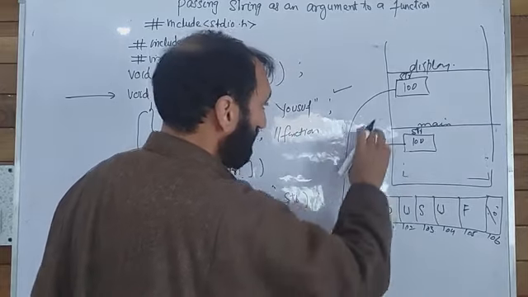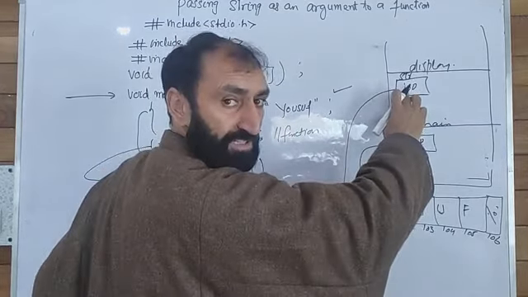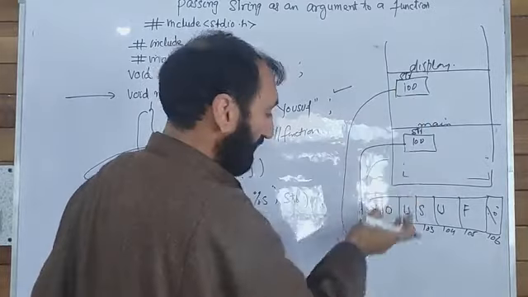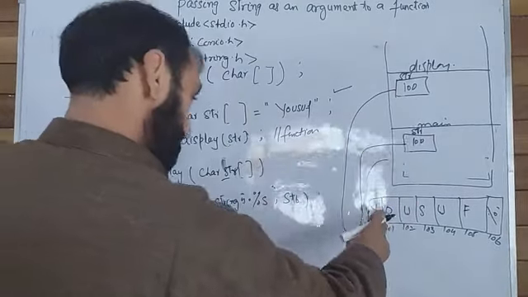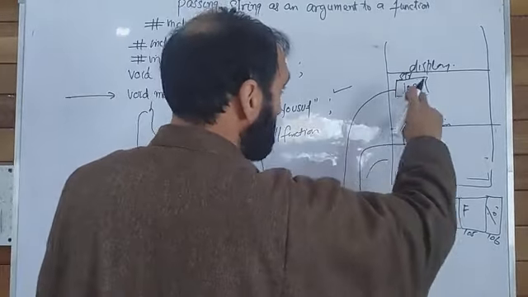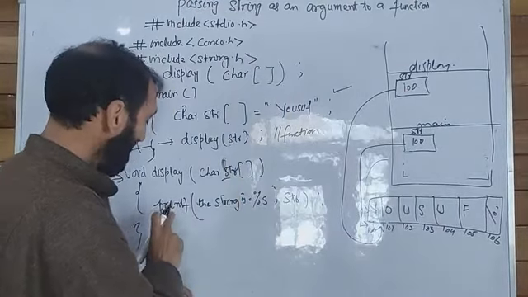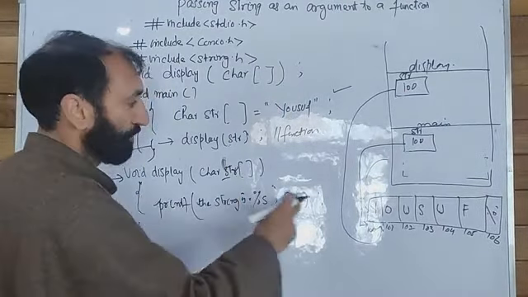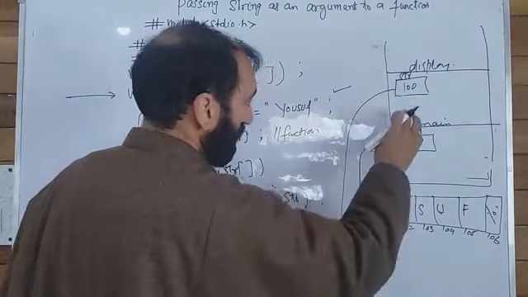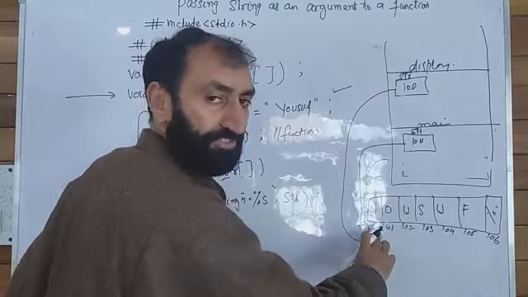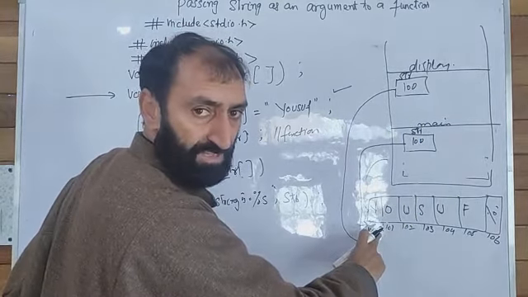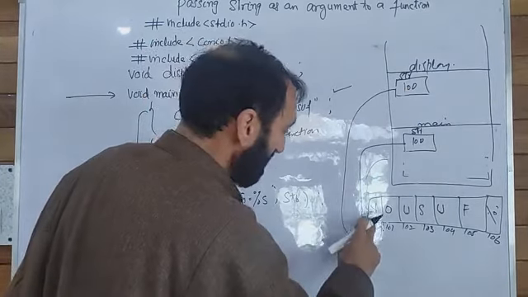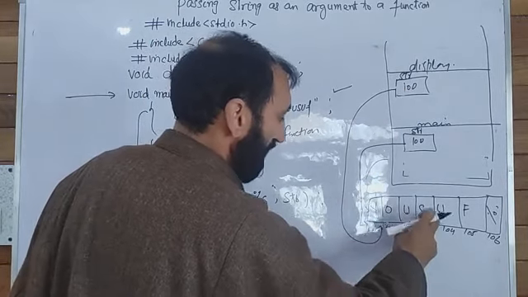This is also connected to the display function through the address. That means we can access this string from the display function through the addresses, because we are going to pass the address of the first byte of the character array.